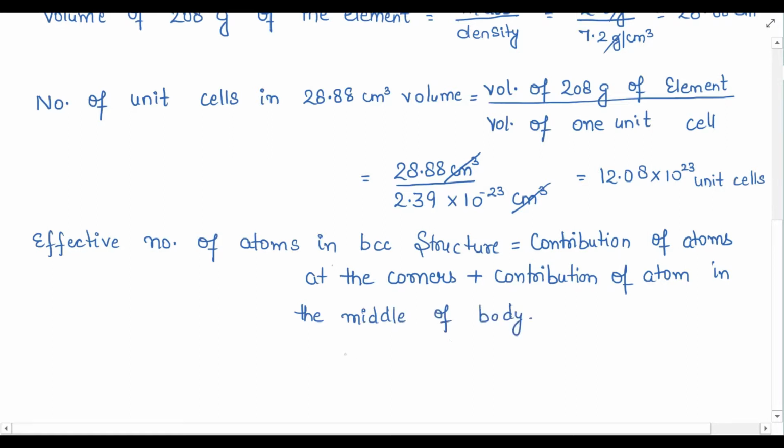Here we have 1 by 8 contribution of 1 atom. Total atoms are 8, so 1 by 8 into 8, plus 1 atom in the middle of the body, so plus 1, right? So I'll cancel this with this. It will be 1 plus 1, that will be 2, right? That means the atoms present in BCC structure contribute equal to 2 atoms, right?